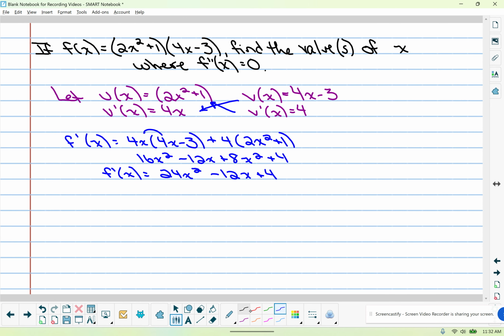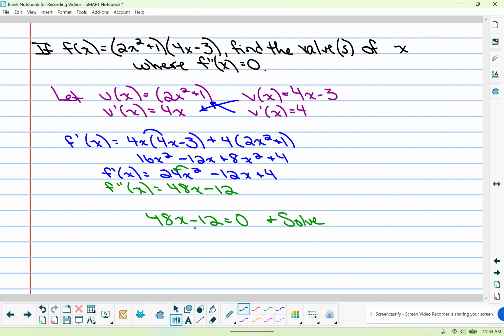Now we need f double prime. That'll be easier. I'm going to multiply these two together. 24 and 2 is 48x minus 12. So this is f double prime. Now the directions say find where f double prime of x equals 0. So we're going to set this equal to 0, right? So 48x minus 12 equals 0 and solve.